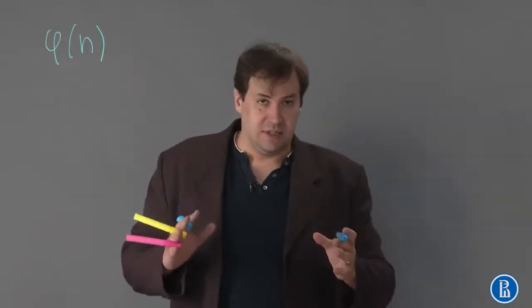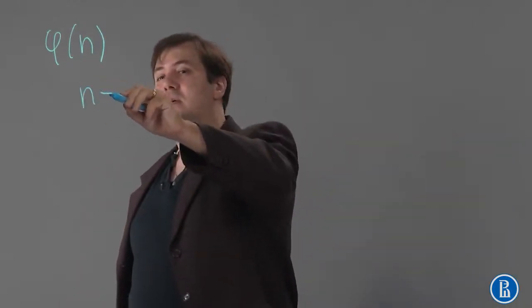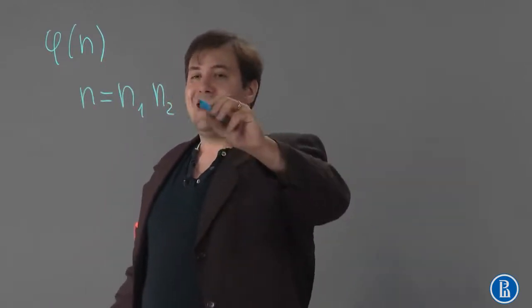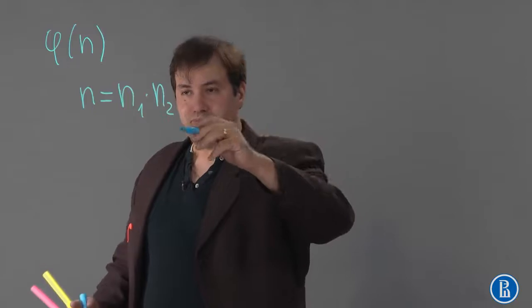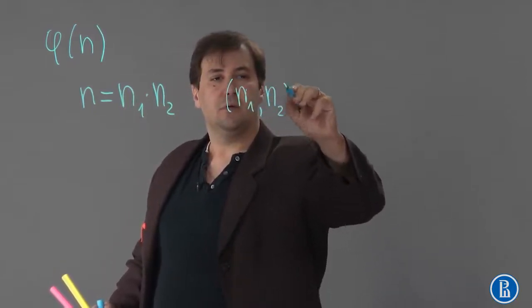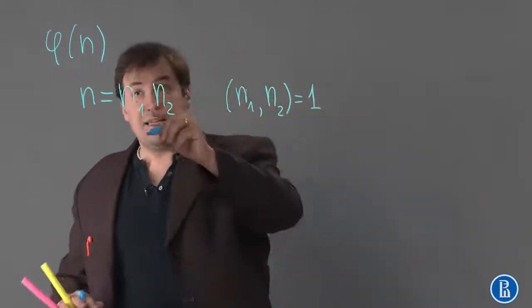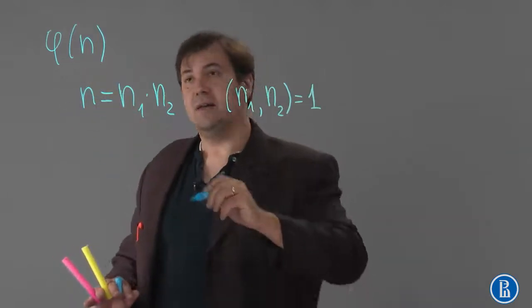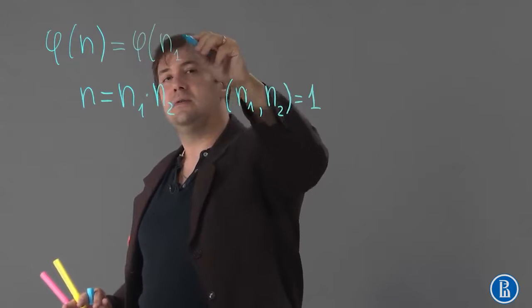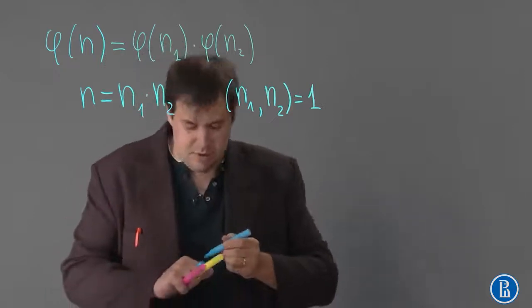And the property I would like to discuss now is that if n is equal to n1 multiplied by n2, where n1 and n2 are mutually prime, which means that their greatest common divisor is equal to 1, in that case, Euler's function of n is equal to such product.